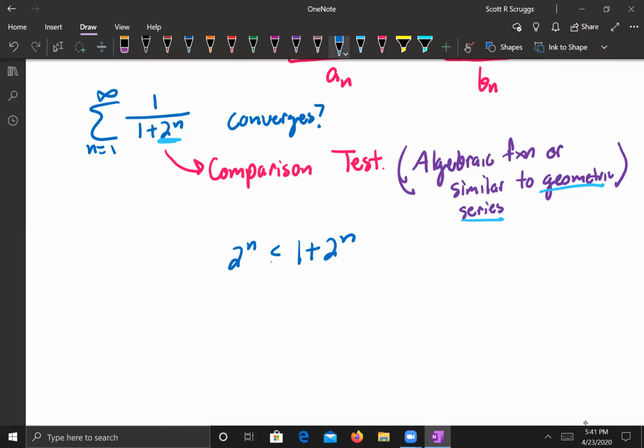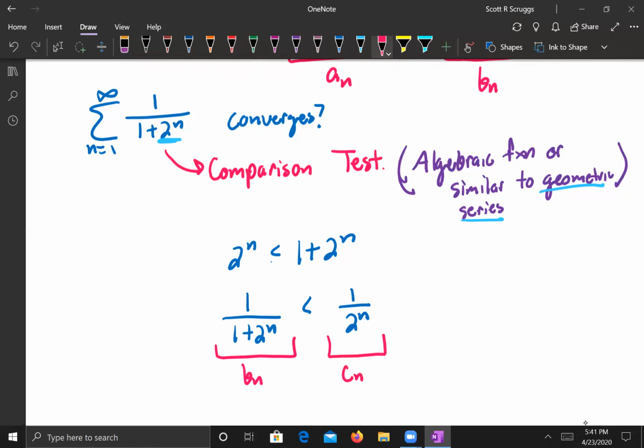Dividing both sides by 1 plus 2 to the nth power and dividing both sides by 2 to the nth power, I get 1 over 1 plus 2 to the nth power is less than 1 over 2 to the nth power. So there's my B of n. Here's now my C of n. I'm not going to use B of n again because I already used that with 1 plus 2 to the nth power.